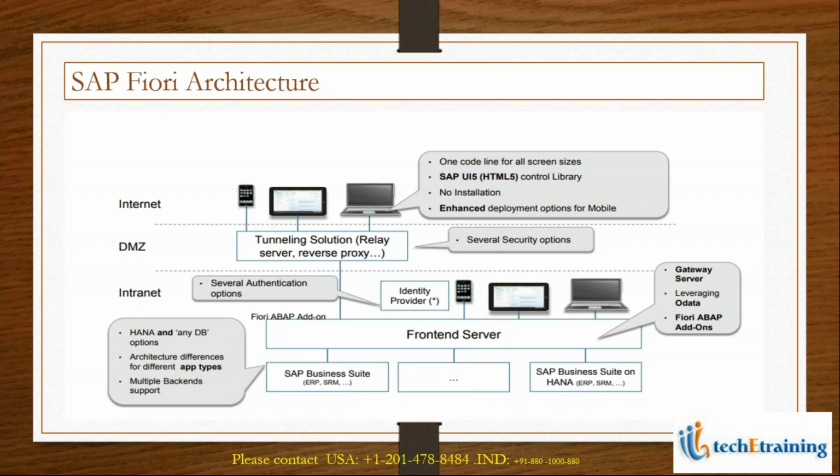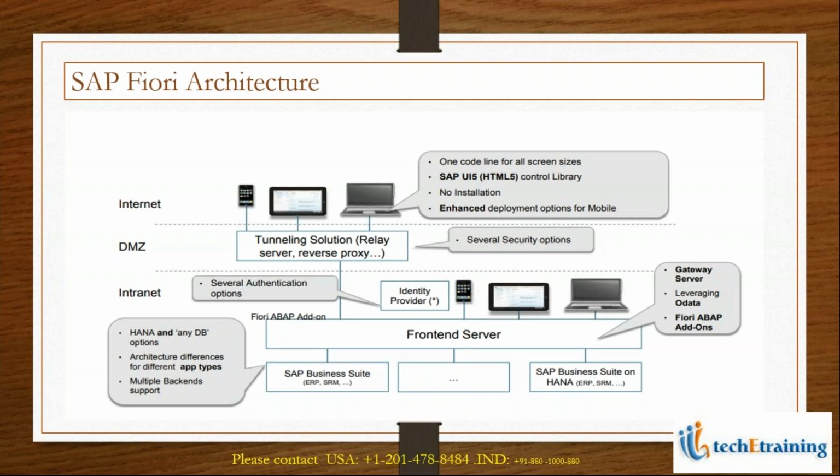The web dispatcher will pass your request to the Fiori front-end server, and it will load the UI5 application. While loading the UI5 application, if you need any data from your SAP system tables, the Fiori front-end server will communicate to the SAP backend server, your ABAP server, your CRM server, or various other SAP servers.